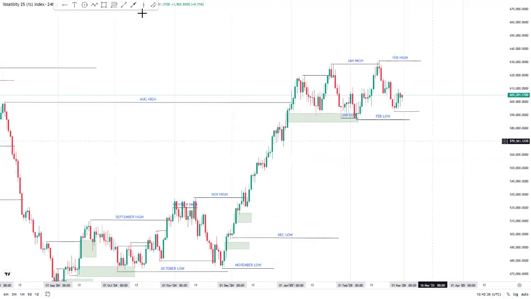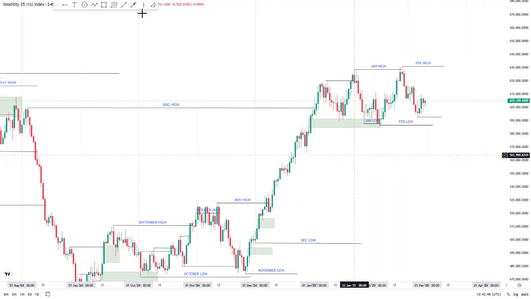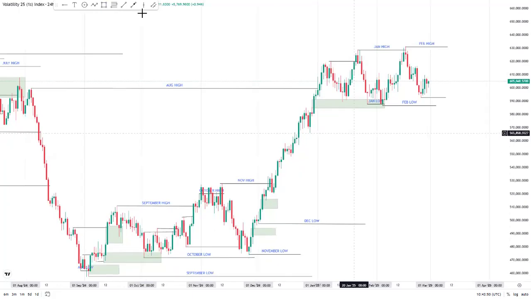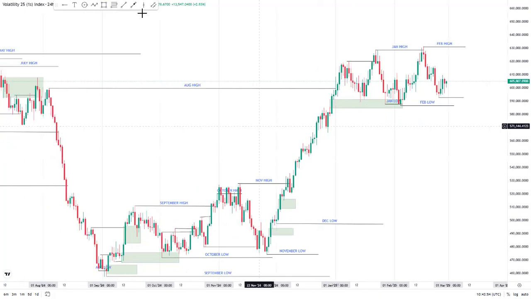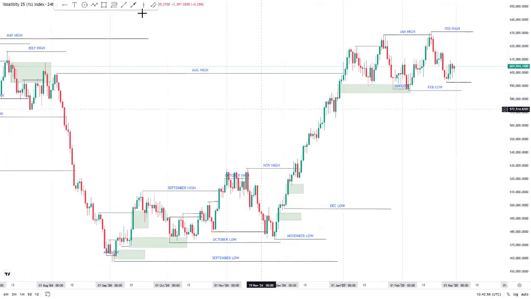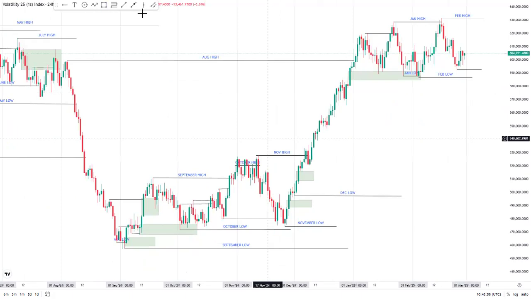Maybe if you'd like to know more about this, I'll be dropping a few free videos to show you. But you need patience, guys. Patience is the key, and it also takes a lot of time to wait for this trade. That's why I'm saying I get an insight from this monthly.